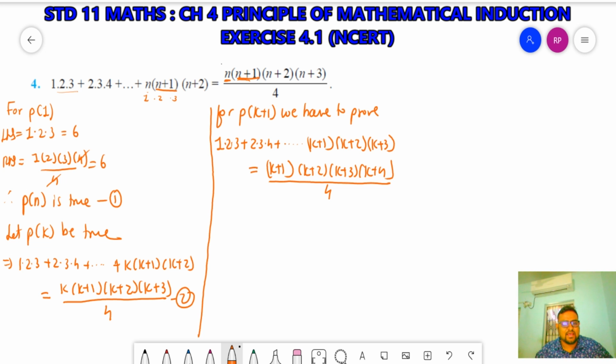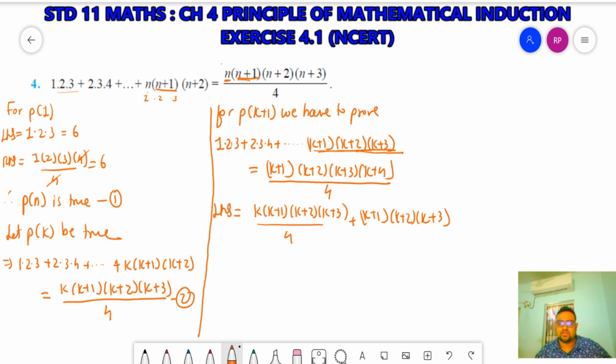So let's take LHS. We will take a shortcut. This will be the last one that will be remaining here, but before that, it will be k into (k plus 1), (k plus 2), (k plus 3) upon 4, plus here I will get this (k plus 1), (k plus 2), (k plus 3) term.